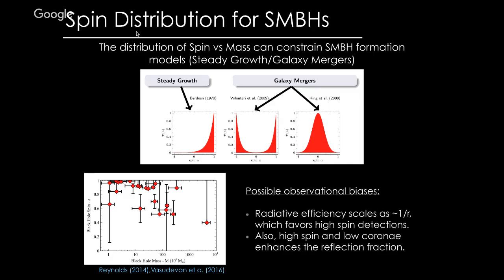So there are many different proposed channels for the formation and growth of supermassive black holes. These different scenarios will then predict different distributions for the spins that you will measure today. So if we have a very good distribution measured, we can go back to the theoreticians and say, all these models are wrong or are rejected, at least by the observations. These are more likely to be the right ones.